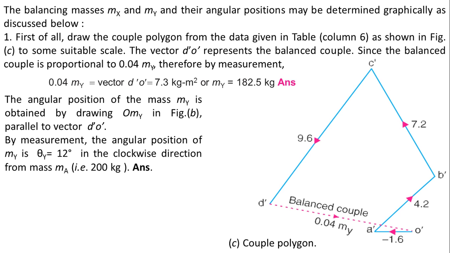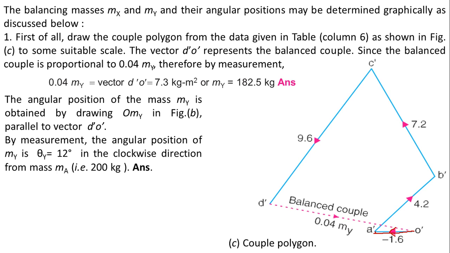So I take a reverse now. Let us take the values as O dash to A dash. So this I will move by 1.6 units. You can take a suitable scale for this. So get O1 dash to A dash.